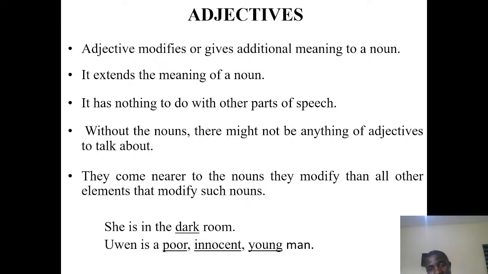This sentence also, if you look at it critically, the order will tell you that it's not correct. When you use several adjectives, you follow the order. You don't just place them haphazardly.